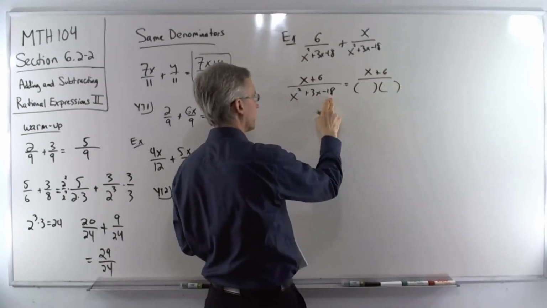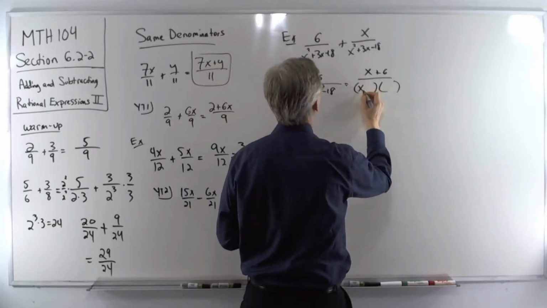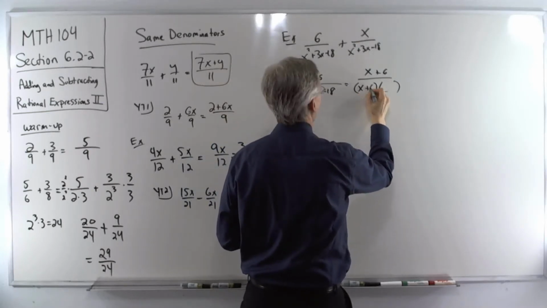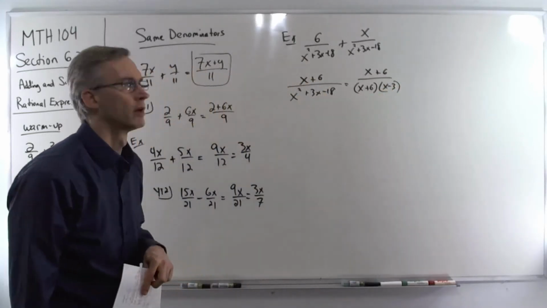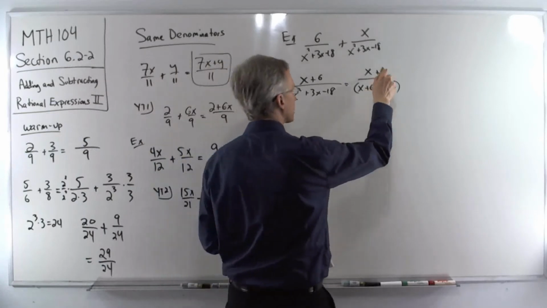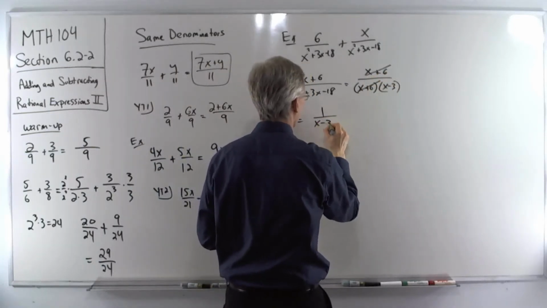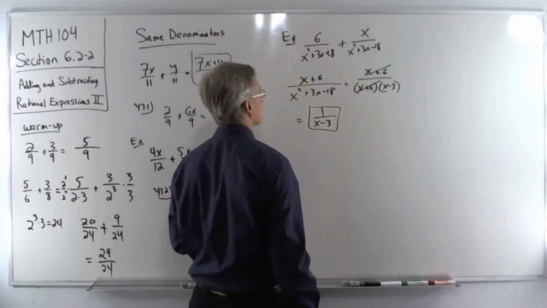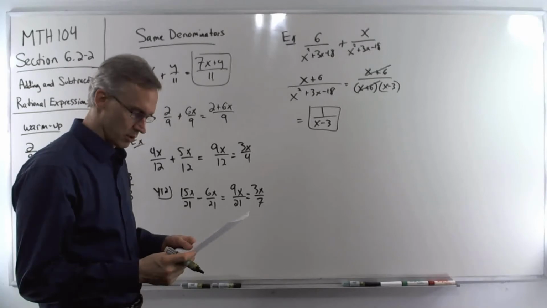Two numbers multiply to get negative 18, add to get 3. That's going to be x plus 6, x minus 3. So we got a match, x plus 6, so we can cancel those, leaving 1 over x minus 3. Your turn, number 3.